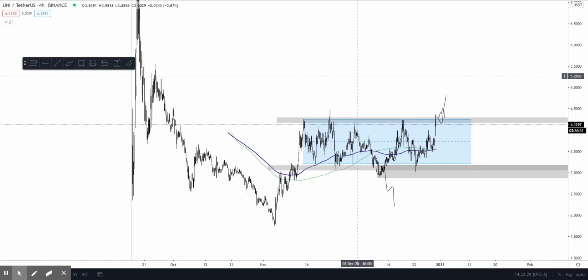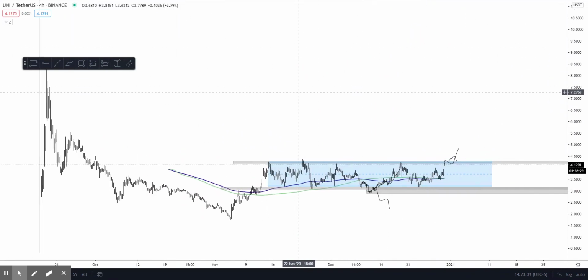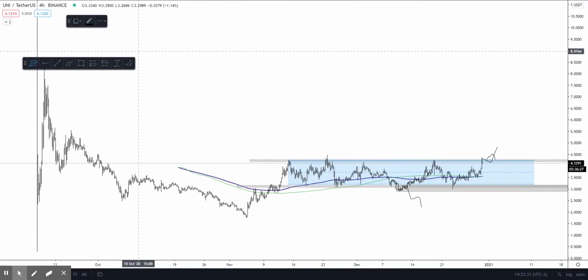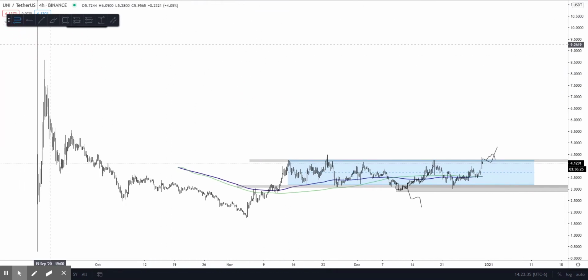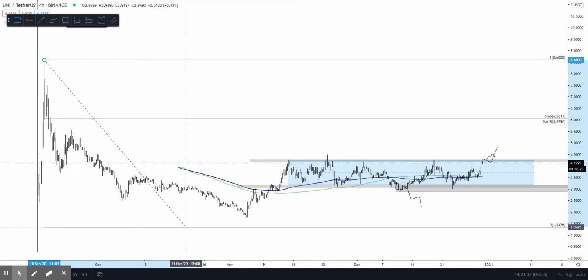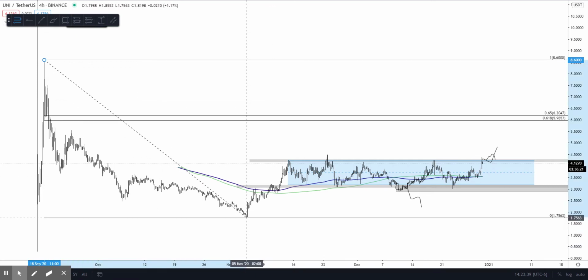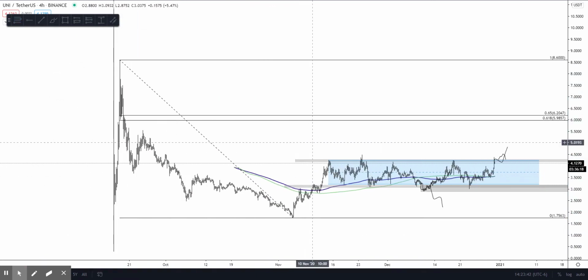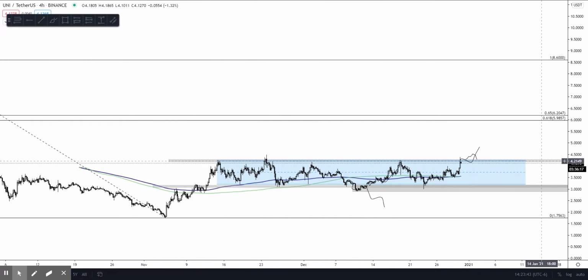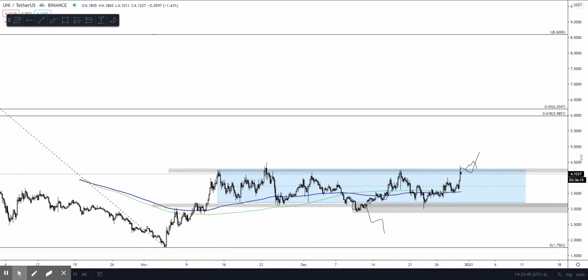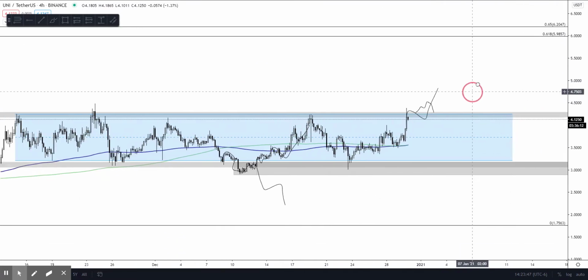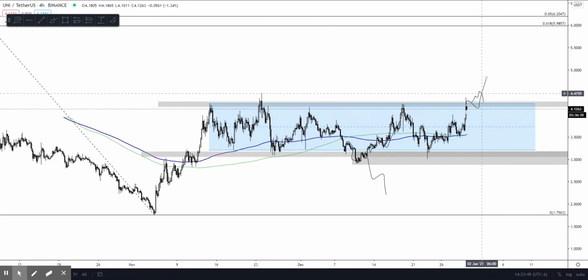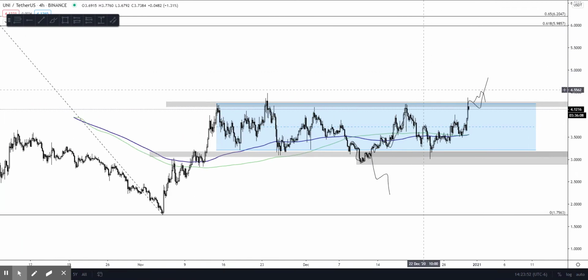We're looking for potentially the golden pocket fib of whatever this draw gives us. So let's see. All right, so that fib draw gives us a golden pocket around $6. So yes, we could see this pop up into that golden pocket zone.